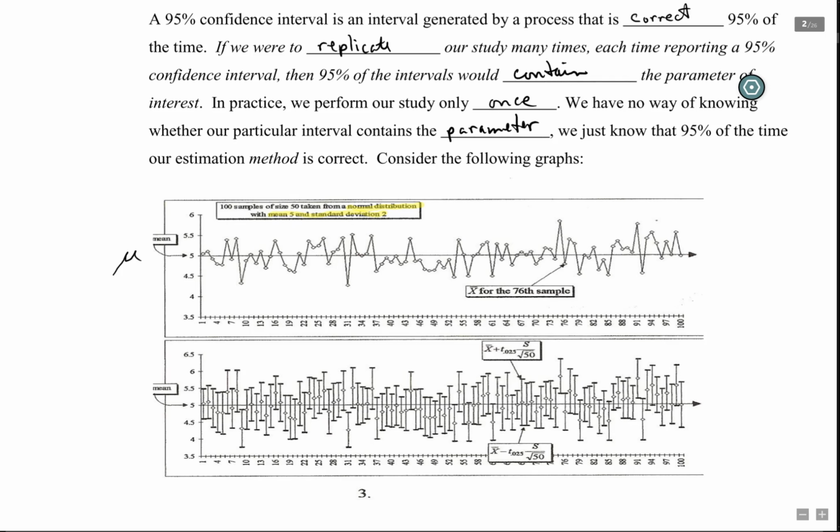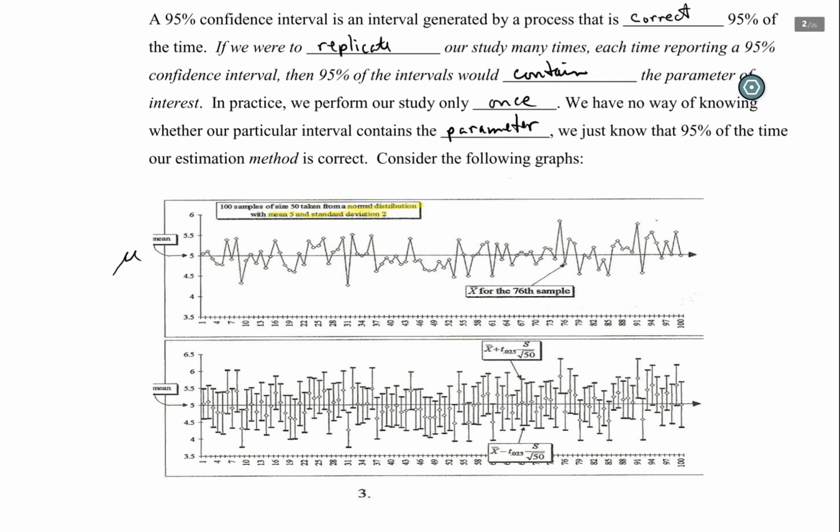So mu is 5, and a sample of size 50 is randomly drawn from this population by a computer, and when the computer draws that sample it computes the sample mean and then plots it. For example, this first sample mean looks to be about 5.05. This next sample mean looks to be about 5.1. The next about 4.9, and so forth. You can see the sample means bounce all over the place for the 100 samples of size 50.